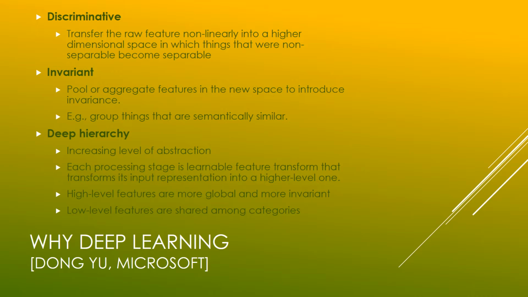And each processing stage is a learnable feature transformation that transforms the input representation into a higher level. And each high-level feature is more global and more invariant, and low-level features can be shared among categories. So those are actually a very automatically structured way of representing the feature space, which has its intrinsic value.